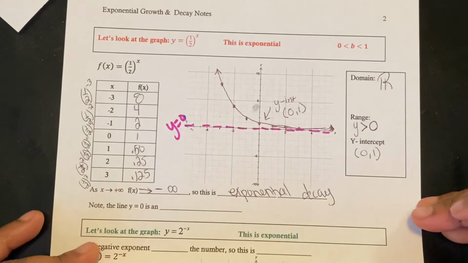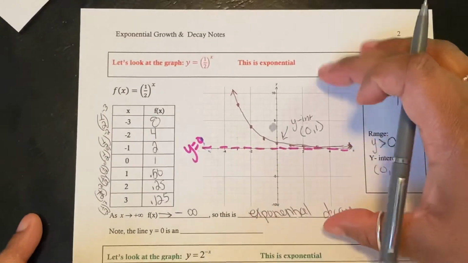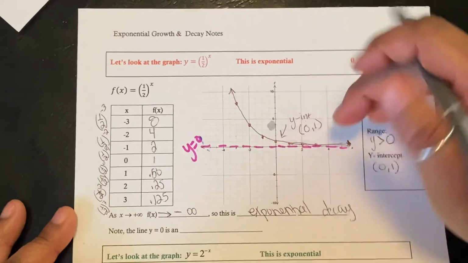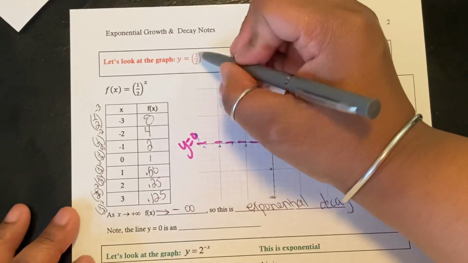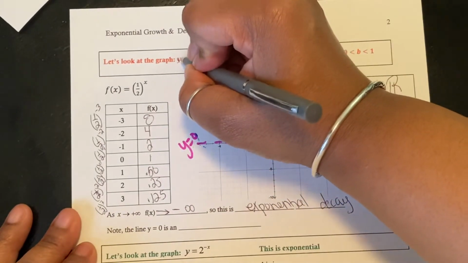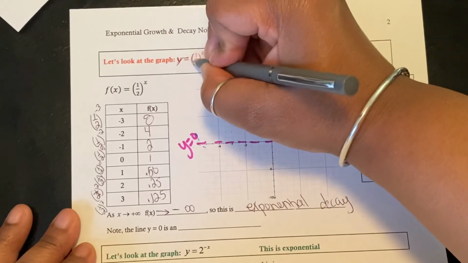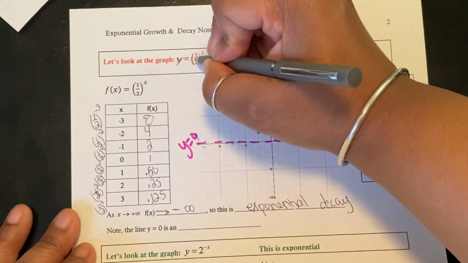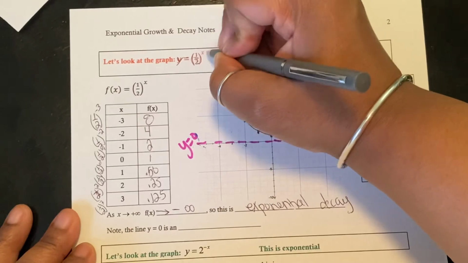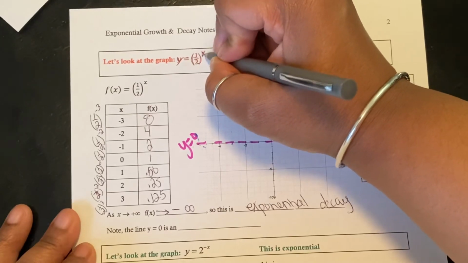Now, how could I have known that it was an exponential decay without doing all of this work? Well, if you look here, we have y equals 1/2 raised to the power of x.